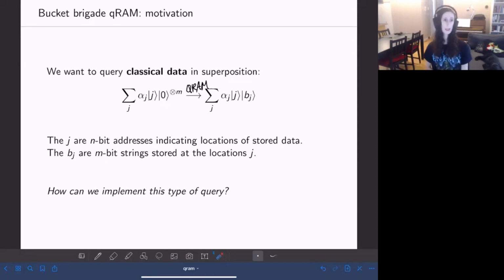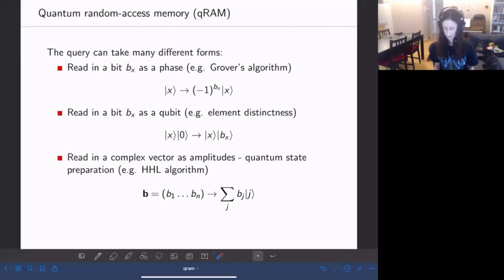So I guess it kind of depends on the application, but for this specific application, the type of query that you want to do is very specifically from the start a superposition. And for each address, you want to get the data that is stored at that address. Right, so the entanglement is critical in this instance, at least. Yes. But it's not always the case that entanglement is critical as part of this step.